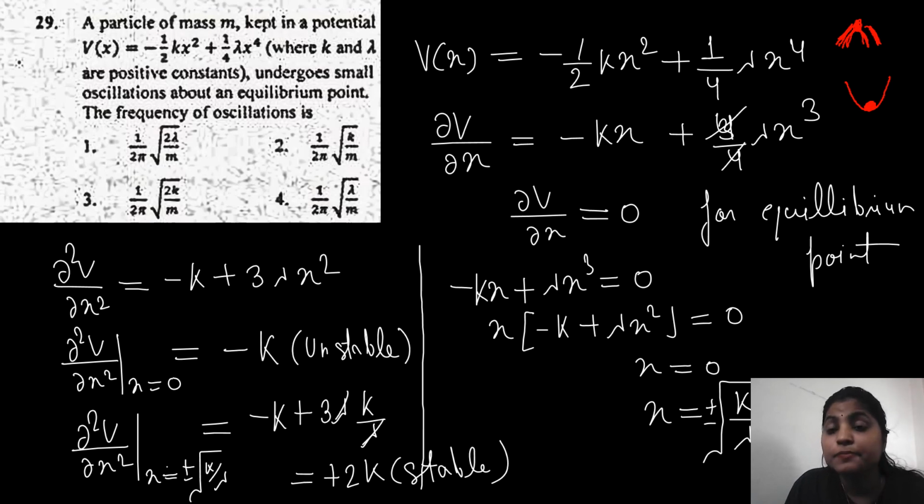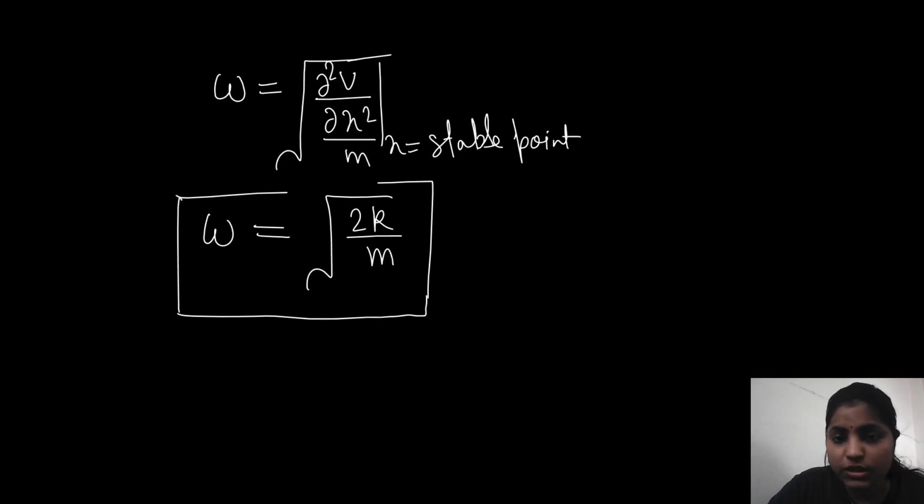Minima means a stable point, because the particle wants to stay in the minimum energy state. Clear? So when del 2V over del x square is positive, it means a stable point. Now put this value 2k in the frequency formula, which I have already told. So the value of frequency will be root 2k by m. This is the answer of this question.